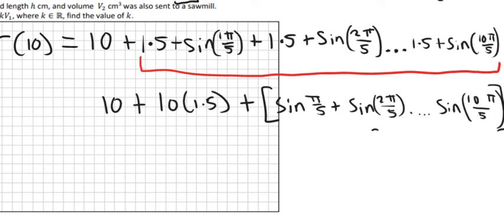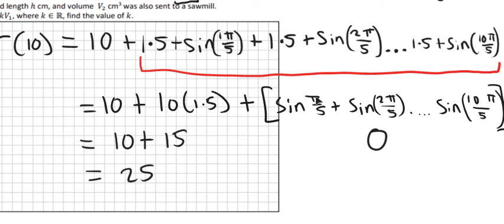You can double check in the calculator anyway, that will just end up being 0, so we get 10 plus, and 10 times 1.5 is 15, so we just end up getting 25 here. So 25 will be the radius after 10 years.